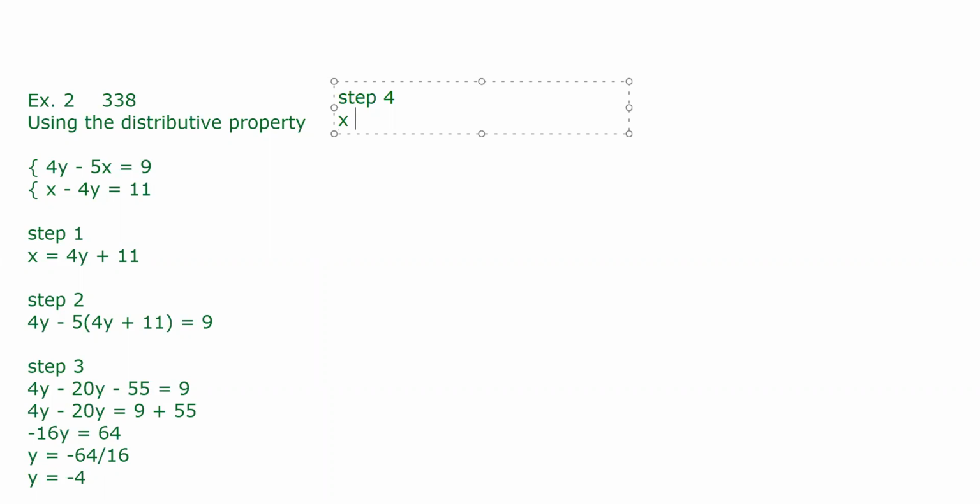So x minus 4 times y, that is -4, is going to be equal to 11. I'm going to write the equation again, so if you want to check what the equation is, x minus 4y equal 11. Okay. And I have that x plus 16 is going to be equal to 11.